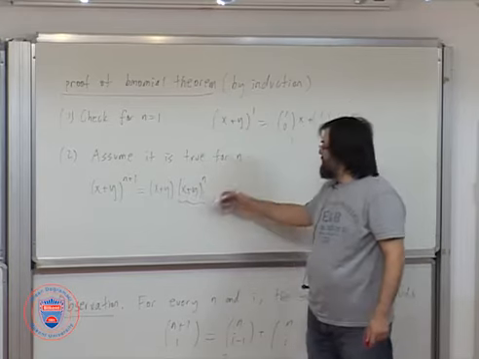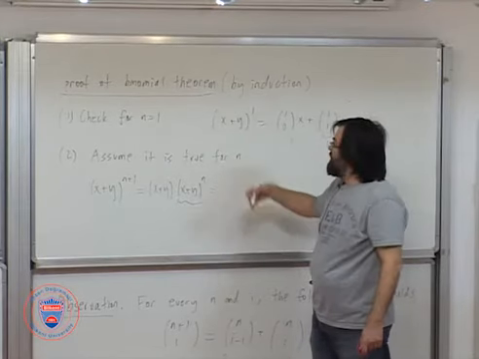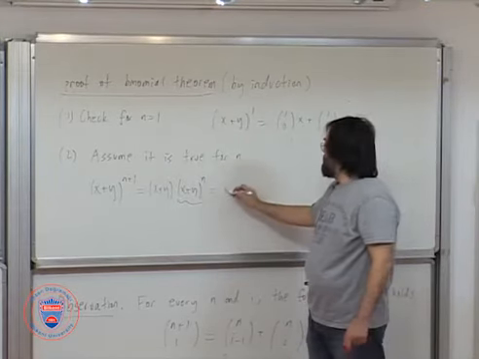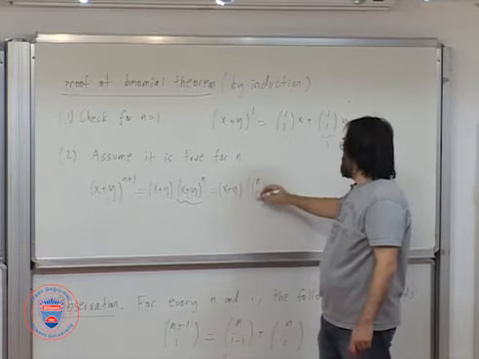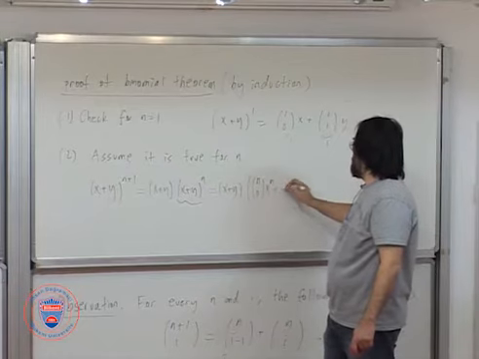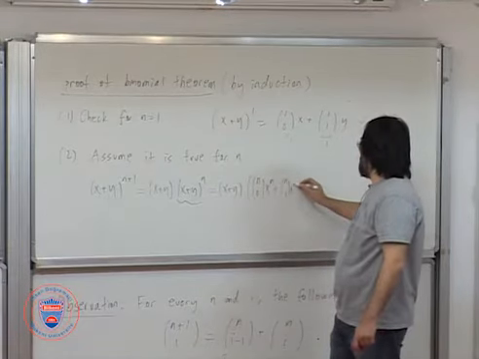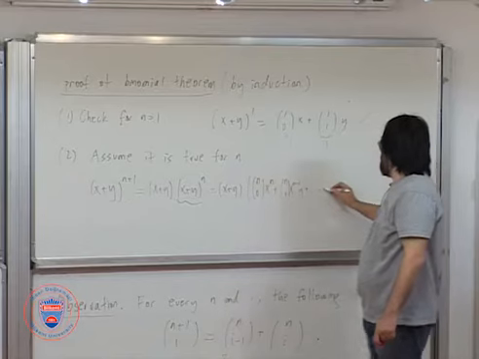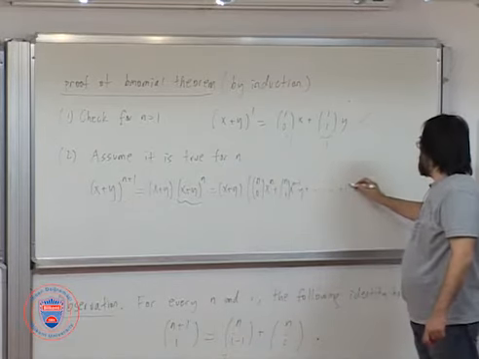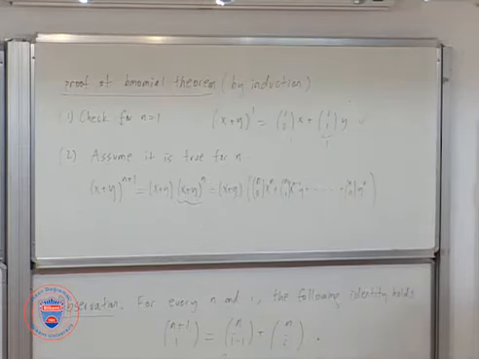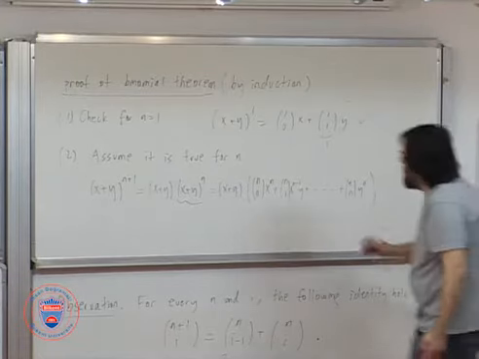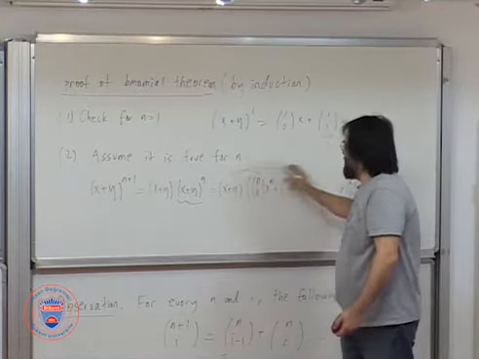Because this is now only the n power, by the assumption for n, I can put the formula for that using the induction assumption. Okay, so I have x plus y times a big sum, which I can multiply one by one.